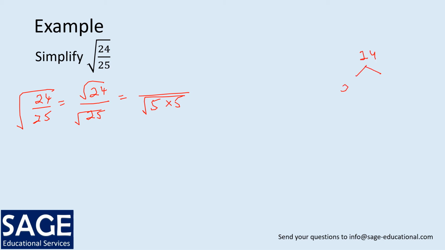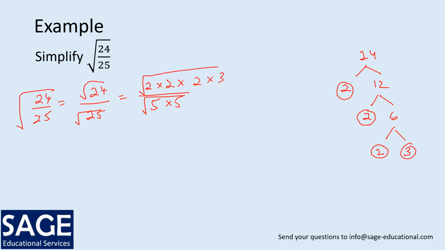So that's 2 times 12. And then 12 is 2 times 6. And 6 is 2 times 3. So 24 can actually be written as 2 times 2 times 2 times 3 under the square root.